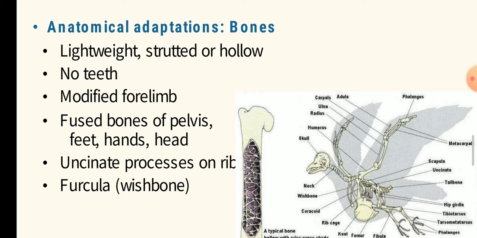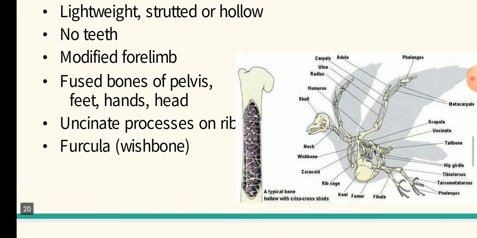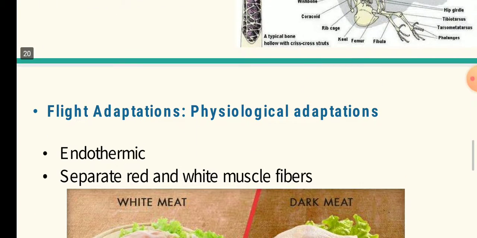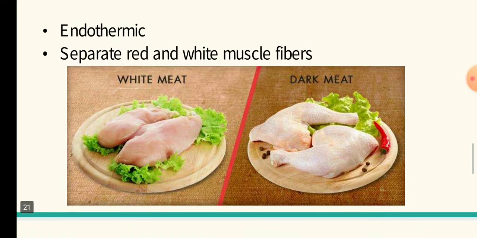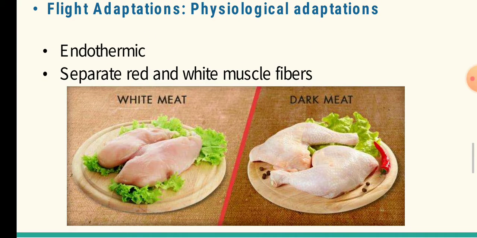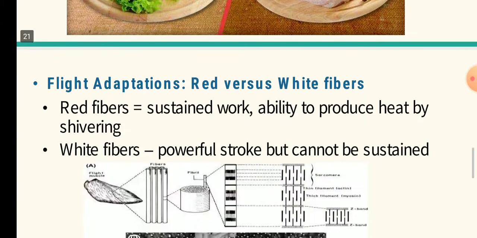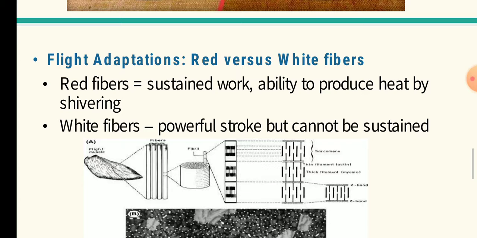Next, birds are endothermic and have separate red and white muscle fibers. The red muscle fibers sustain the work and provide heat by shivering.